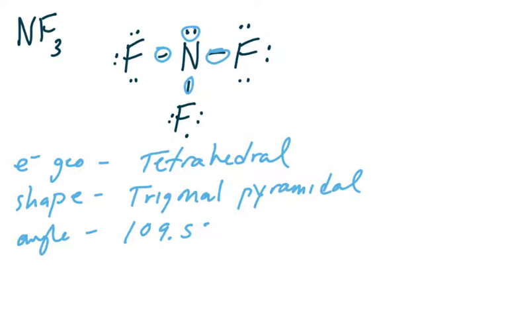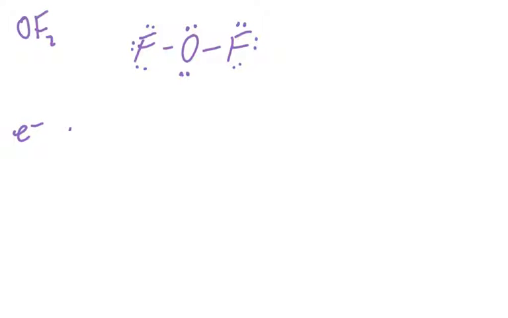The next one given was OF2. So we have an oxygen bonded to 2 F atoms. All right, so electron geometry, once again, 1, 2, 3, 4. Tetrahedral.